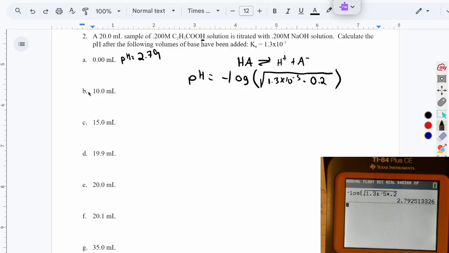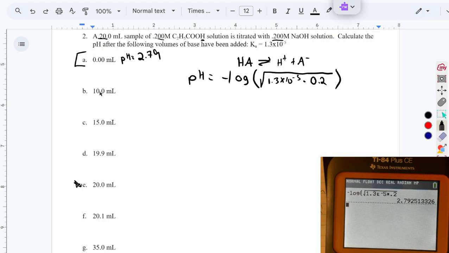All right, so this is how this works. This first one with 0 milliliters is a simple weak acid calculation. We can see that at some point, look, I got 20 milliliters of 0.2 molar. When I get 20 milliliters of this, that's my equivalence point. So this one's my equivalence point. This one's special.